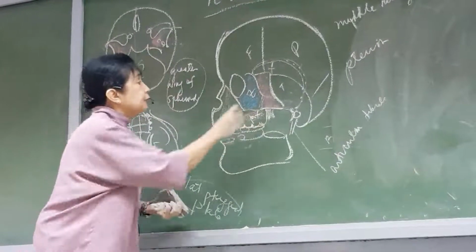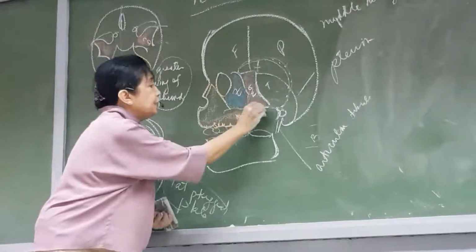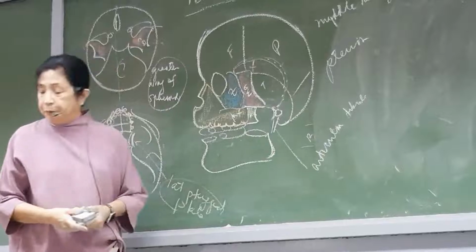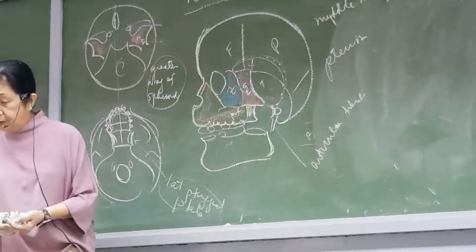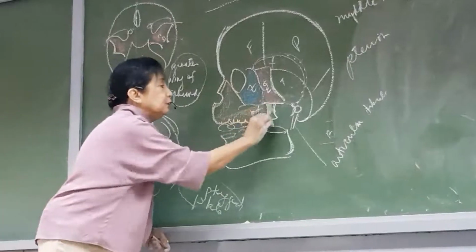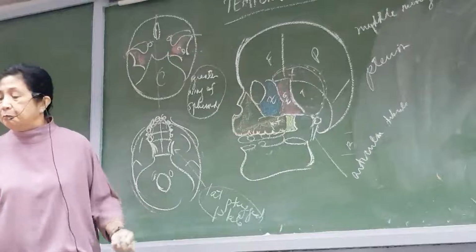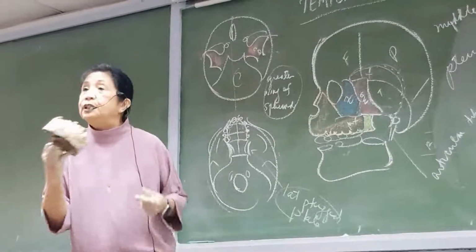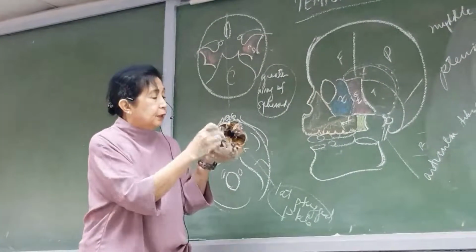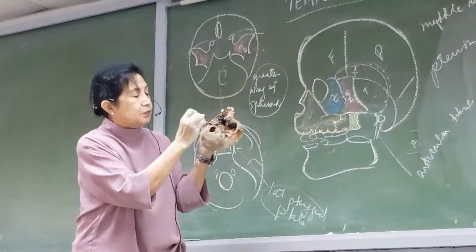This is the greater wing of what? Sphenoid. And then you find here there is another part of the sphenoid. This one here is your lateral pterygoid plate. Do you agree? There. And you can see this better if you look at the underside. Pterygoid means wings. So this is the lateral pterygoid plate.